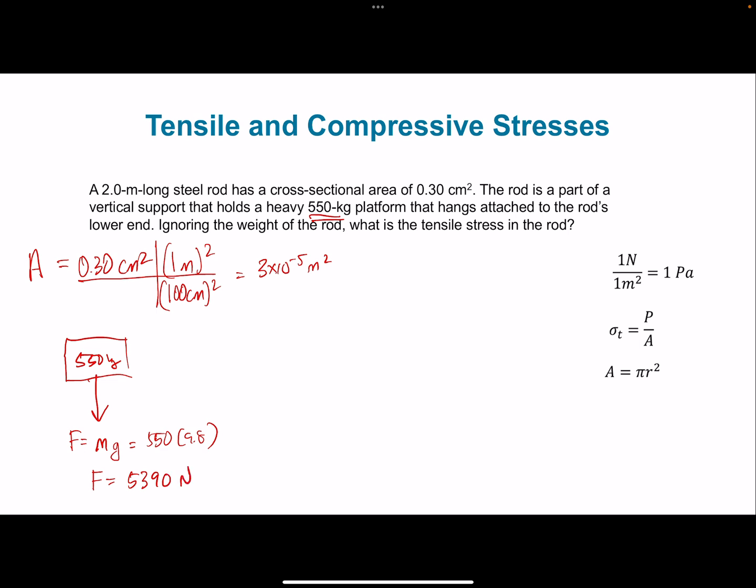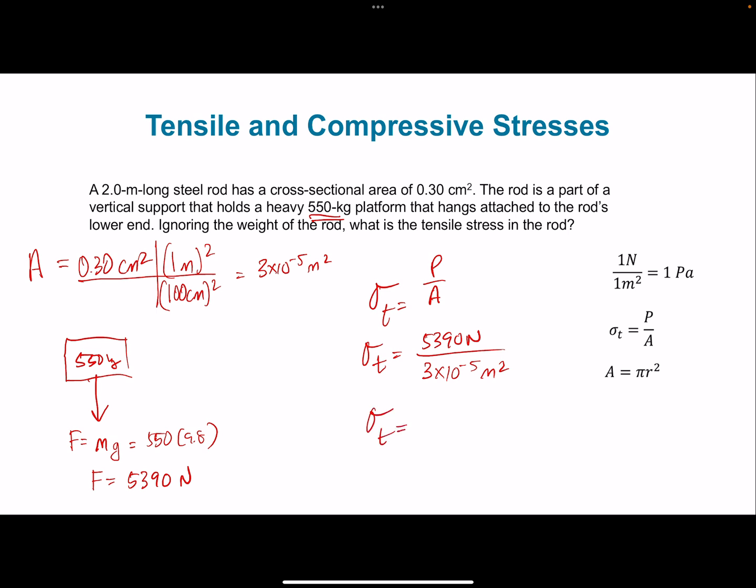So we've changed our area into meters squared, our force into newtons, and we're looking for tensile stress here. So sigma T equals P over A. Sigma T equals 5,390 newtons over 3 times 10 to the minus 5th meters squared.